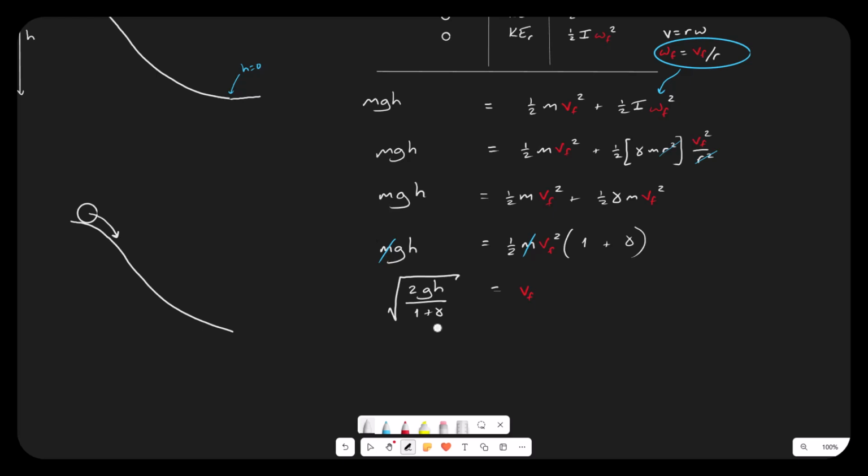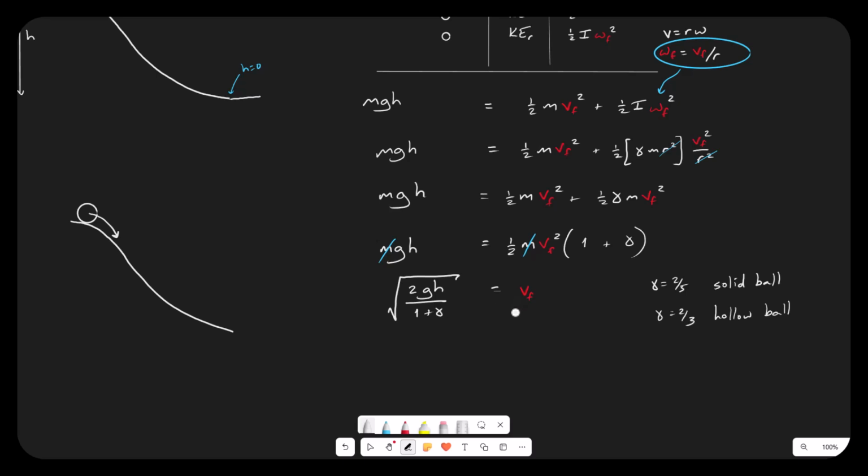If we have an object with a smaller gamma, like a solid sphere, which has a gamma of 2/5, whereas a hollow ball has a gamma of 2/3. For a solid ball, gamma is smaller. The bottom of this fraction is smaller, so my v final gets to be a bigger number.